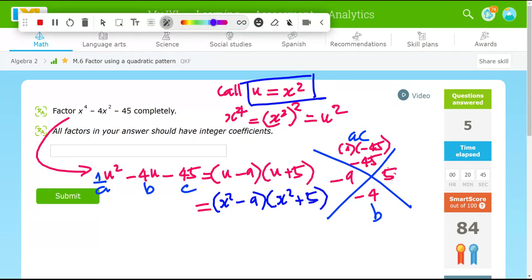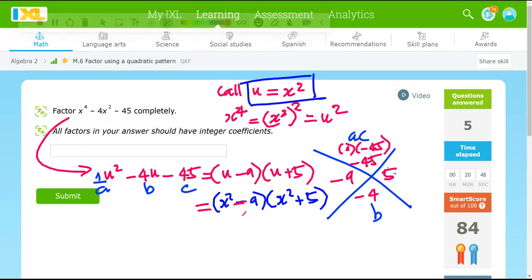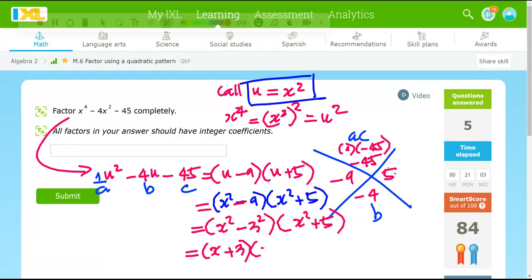And you can see this is a subtraction, so you can factor further. Now, instead of 9, I put a 3 squared. In the back, stay the same. So now, x squared subtract 3 squared is x plus 3, x subtract 3, and then x squared plus 5 in the back.